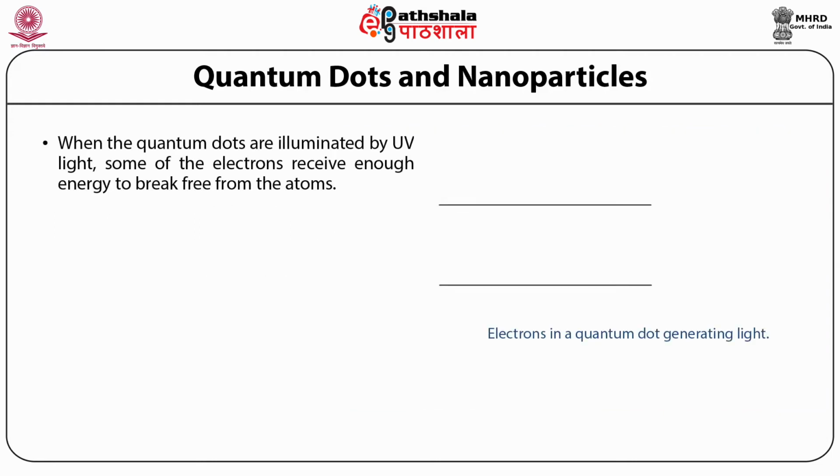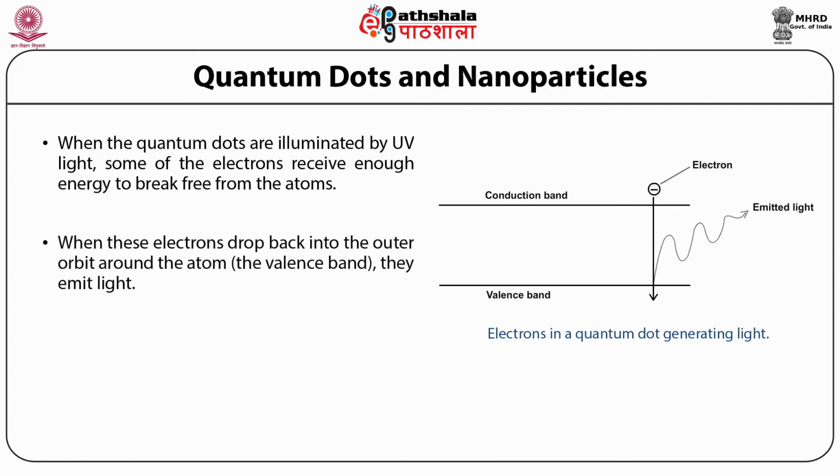As the quantum dots are irradiated with ultraviolet light, some of the electrons absorb adequate energy in order to break free from the atoms. Therefore, these electrons become free to move around the nanoparticle, thereby creating the conduction band wherein the electrons freely move through the material and conduct electricity.